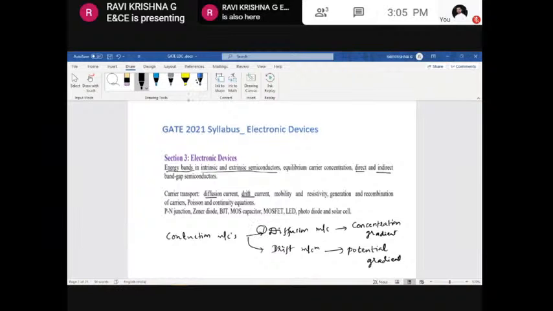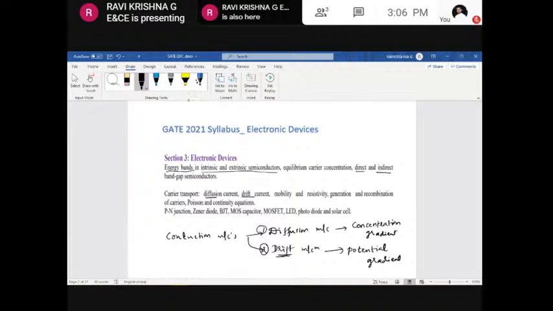The second type of mechanism is the drift mechanism. Here, whenever we apply a potential across the terminals of the particular device, the current is going to flow. So that's why it is known as the drift mechanism, which means we need to apply a potential difference across its terminals to make the current flow in that device.